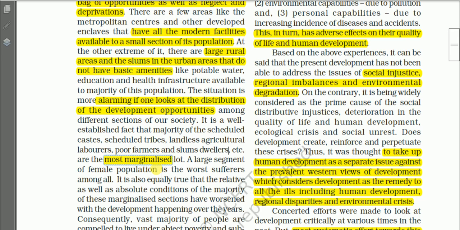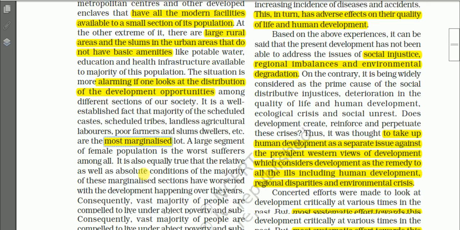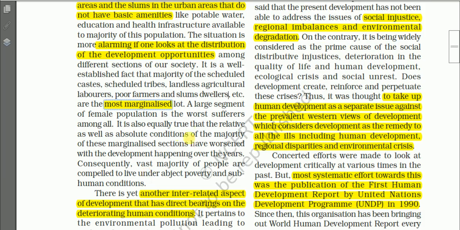The smaller section of society, the downtrodden, the poor people, are not getting the opportunities, and a large segment of the female population is the worst sufferer among them all.